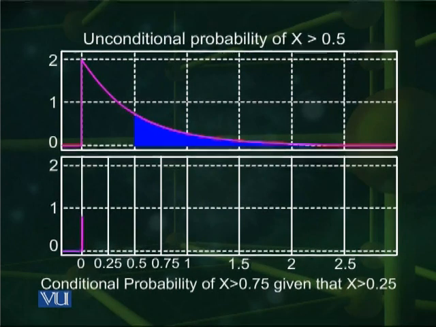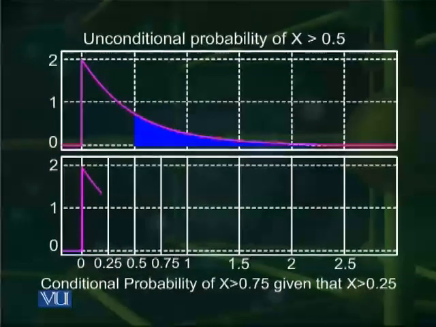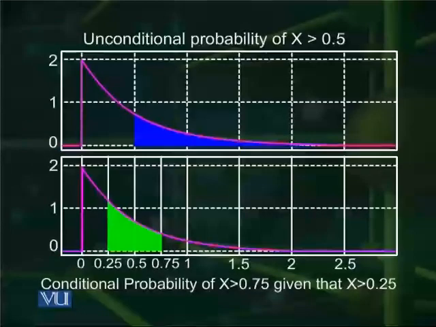The lower graph shows the conditional probability of the same event, and now the conditioning event is that this random variable has not occurred for the first 0.25 units. So it has survived for a parameter value of 0.25. Then what is the probability that it's going to survive a total time of 0.75?